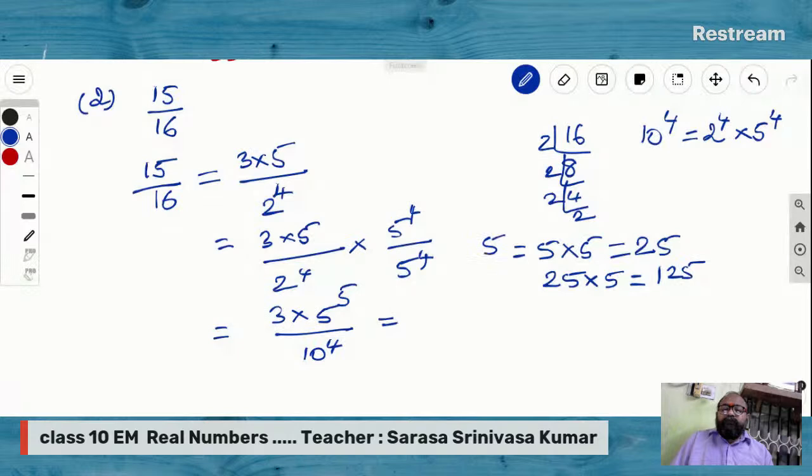So this is 5 square, this is 5 cube. 5 power 4 equals 625.